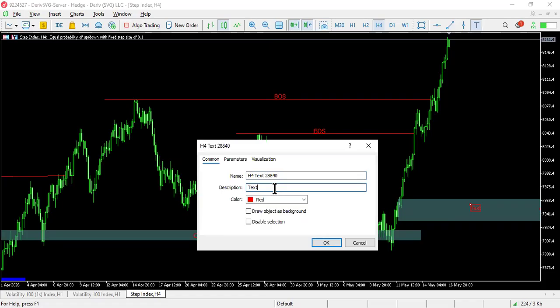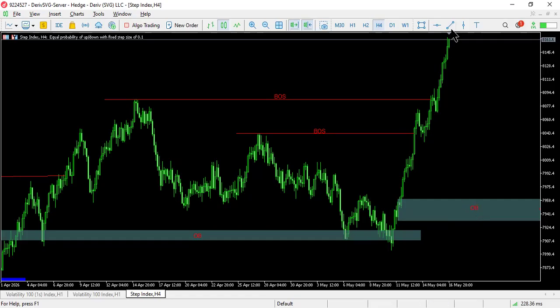We have our order block at that level, and then all these order blocks that price is leaving here, this is what we call liquidity, because our main order block here has not been mitigated.